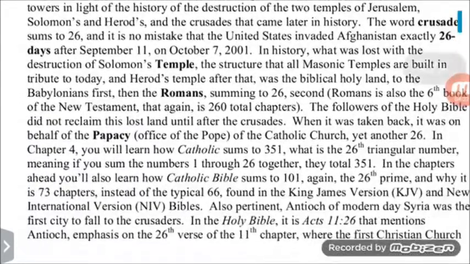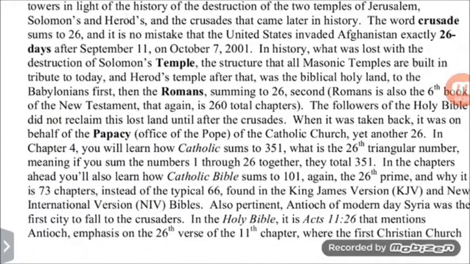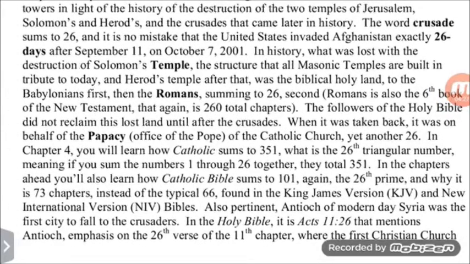The followers of the Holy Bible did not reclaim this lost land until after the Crusades. When it was taken back, it was on behalf of the papacy, office of the Pope, of the Catholic Church, yet another 26. In chapter 4, you'll learn how Catholic sums to 351. What is the 26?